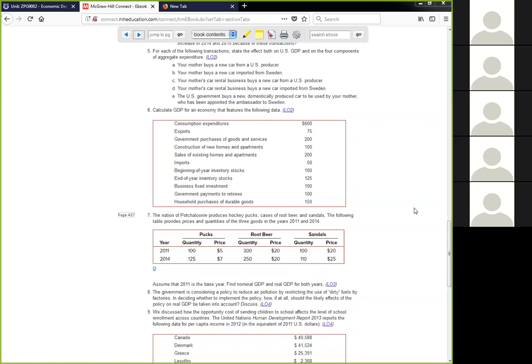Then if the stock decreased, then of course it would be negative. You would then subtract it from your GDP, or do you just not include it? You subtract it from your GDP. Okay. Thank you. You subtract it from the GDP. Right, because at the beginning of the year I had 12. At the end of the year they only have 10.